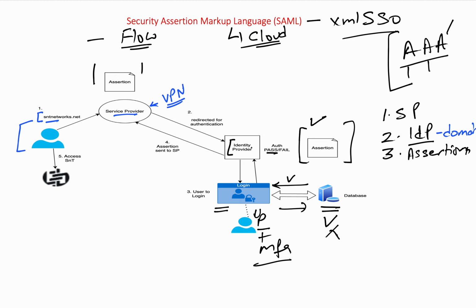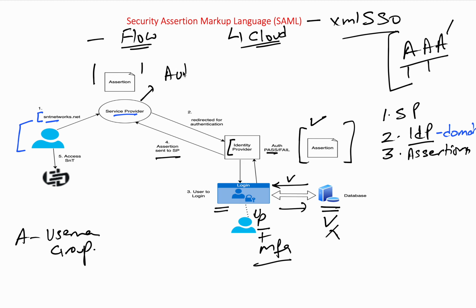So once the assertion is created, it is passed from the identity provider to the service provider. Now the service provider has the assertion. It uses that assertion, correct, and it says, okay, now you have access. But the service provider will also have a lot of ACLs and authentication settings. Like here, you pass on in the assertion the username and group, correct.